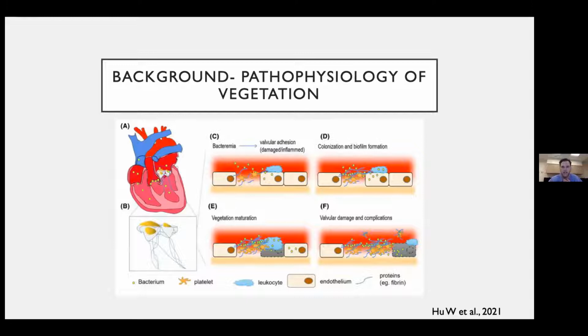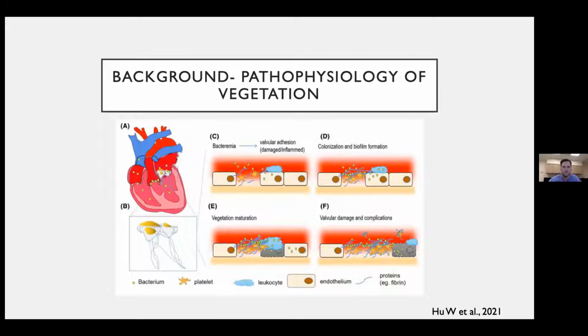Bacteria can then gain transient access to the bloodstream through a variety of mechanisms, so healthcare procedures, dental procedures, IV drug use, etc. Microorganisms in the blood then adhere to fibrin platelet clots, leading to valve colonization and biofilm formation. And lesions can then mature into a vegetation.